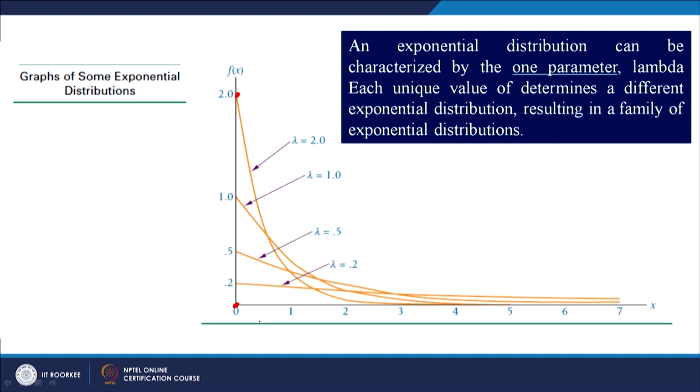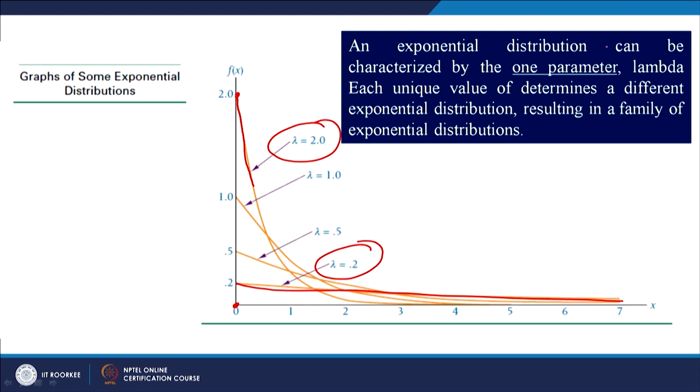When you increase x from 0 to some positive value, you can see that the curve decreases. This is the exponential distribution for lambda equal to 2, and this one is for lambda equal to 0.2.